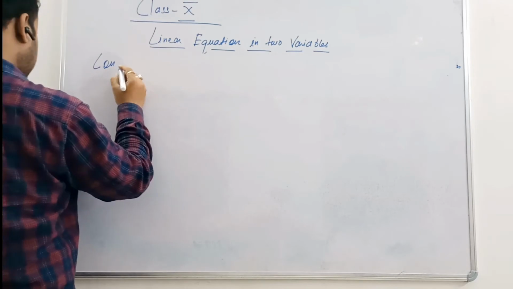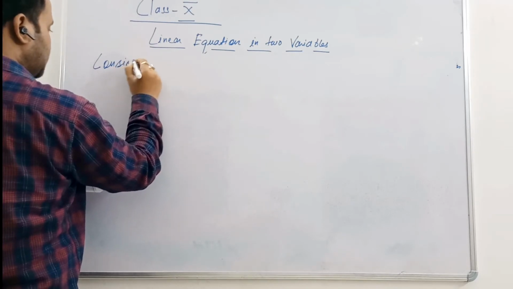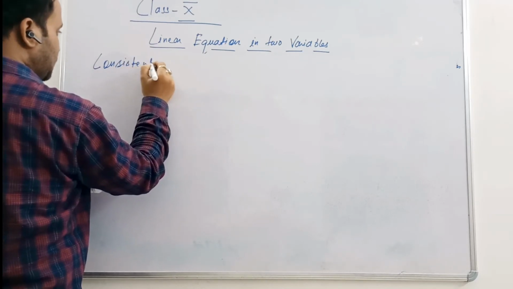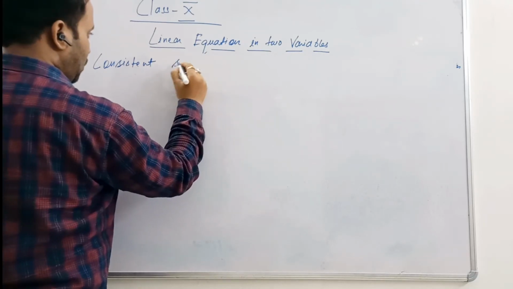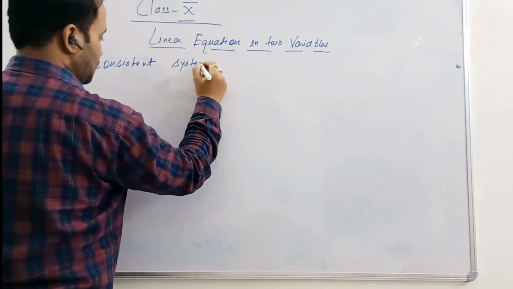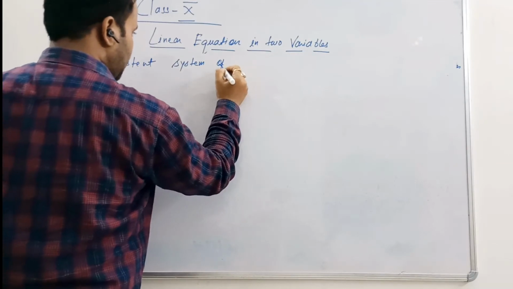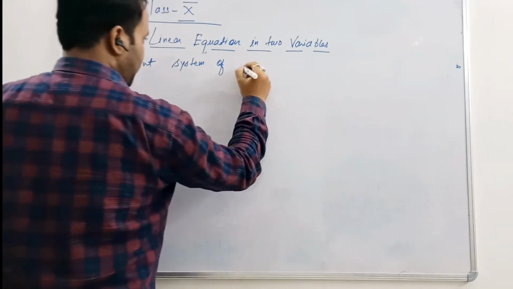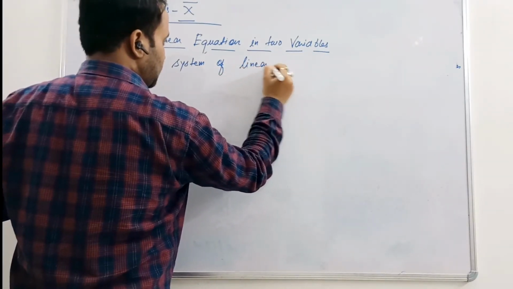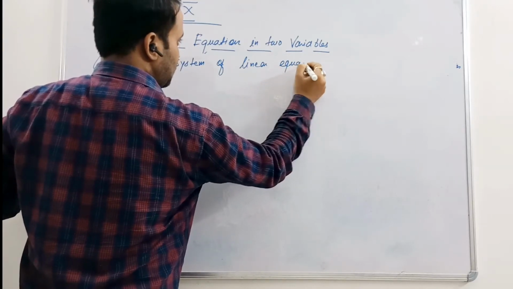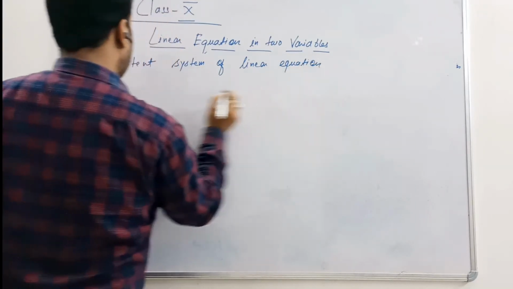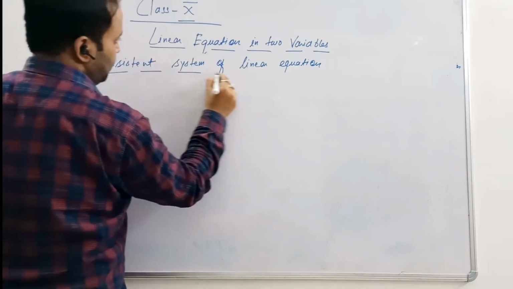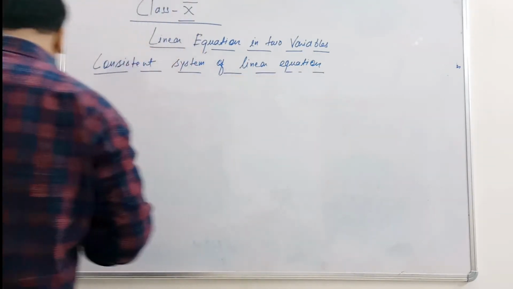Consistent system of linear equations. What is the meaning of a consistent linear equation?